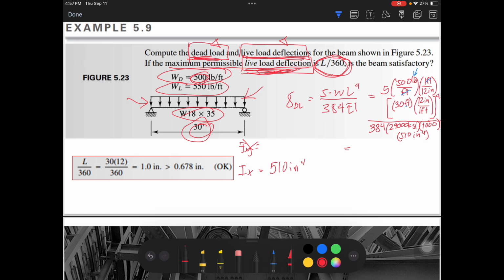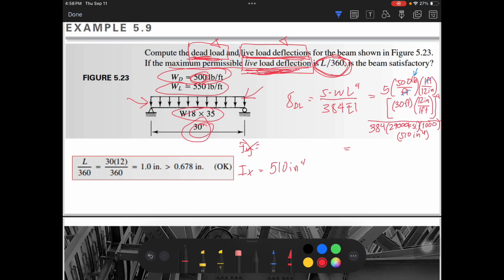Ito lahat yung equation mo: 5 times 500 divided by 12, times the quantity 30 times 12 raised to 4, all over 384 times 29,000 times 1,000 times 510.